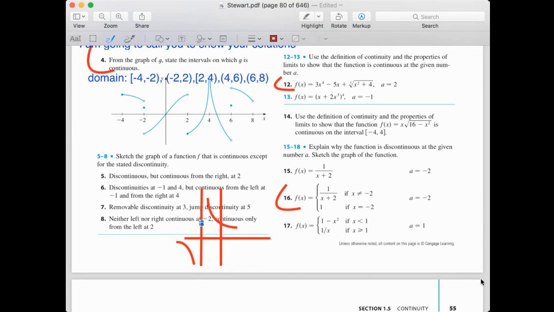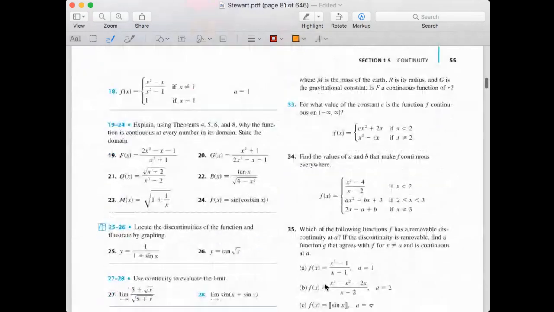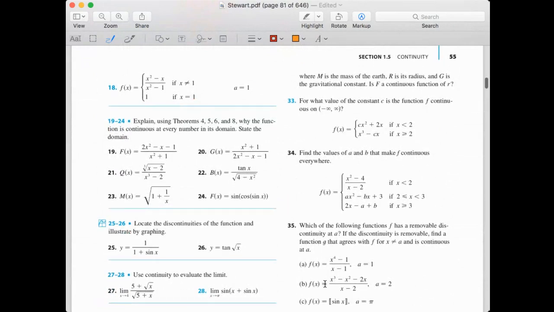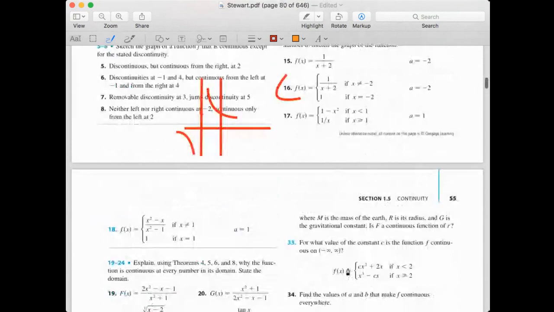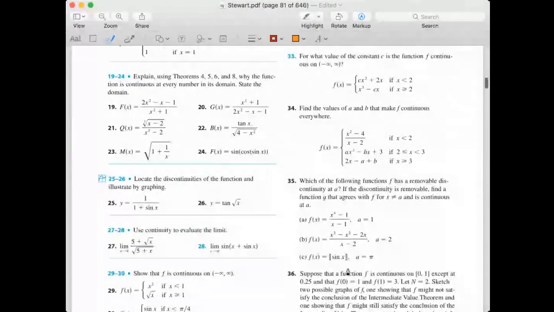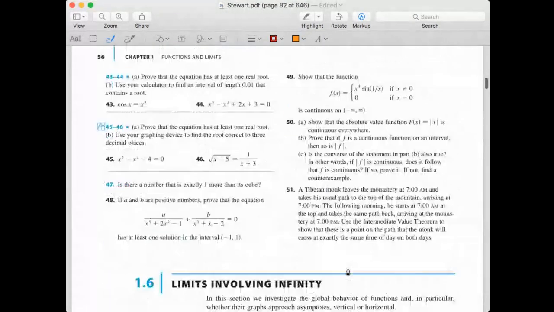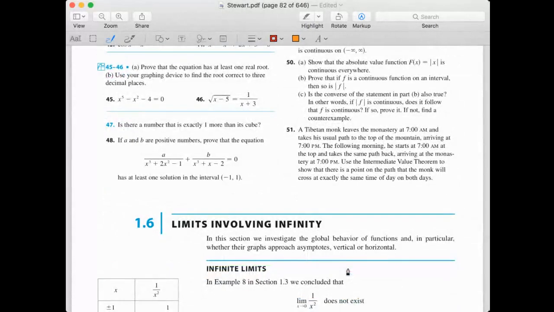Okay, if not, let me find a couple more questions to do. So this is continuity.